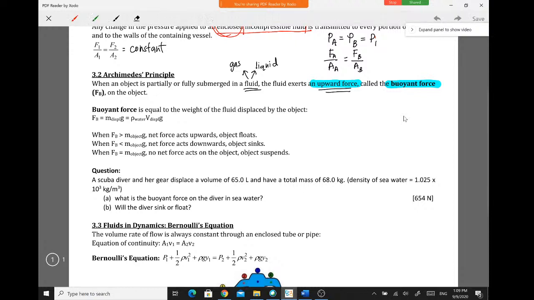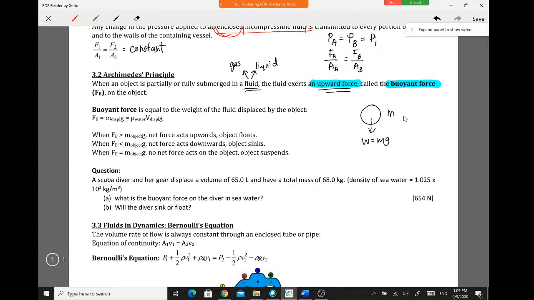Okay, so there will be an upward force applied on the object. So just a top up of what you have learned in your free body diagram. So usually when we have an object, a substance with a mass, then definitely we will have our weight, right? Weight equals mg.